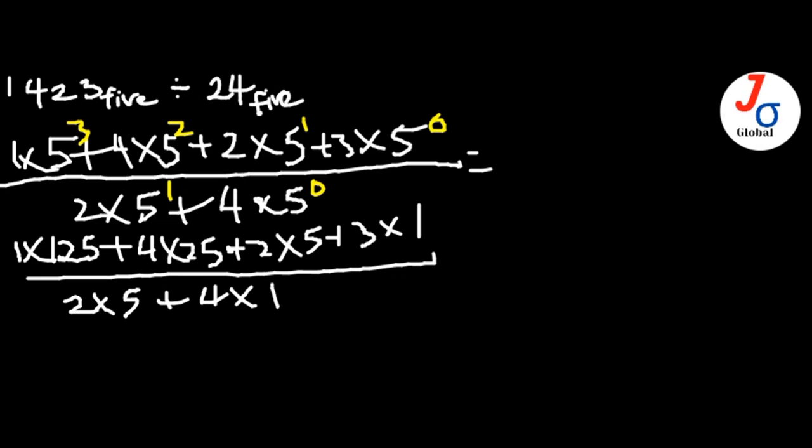So basically I'm having 1 multiplied by 125 is 125. 125 plus 4 by 25, what we get is 100. Then 100 plus 2 times 5 is 10, plus 3 times 1 is 3.